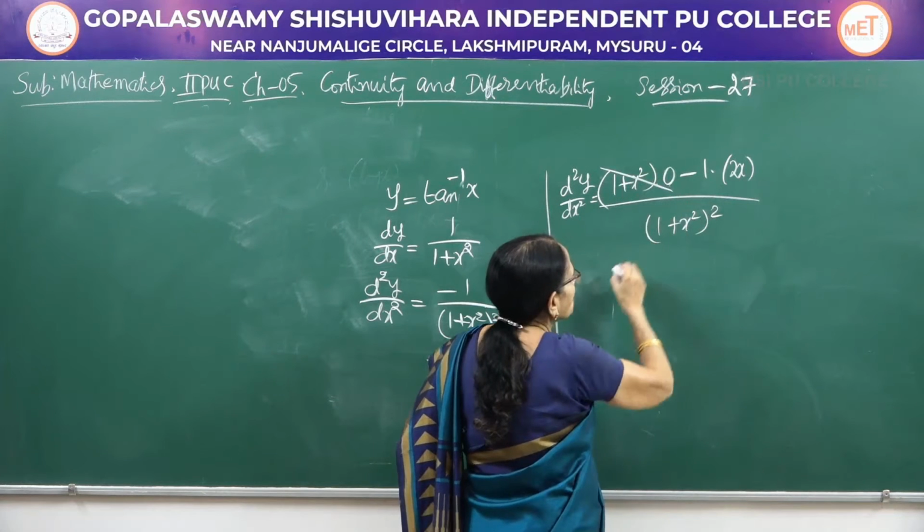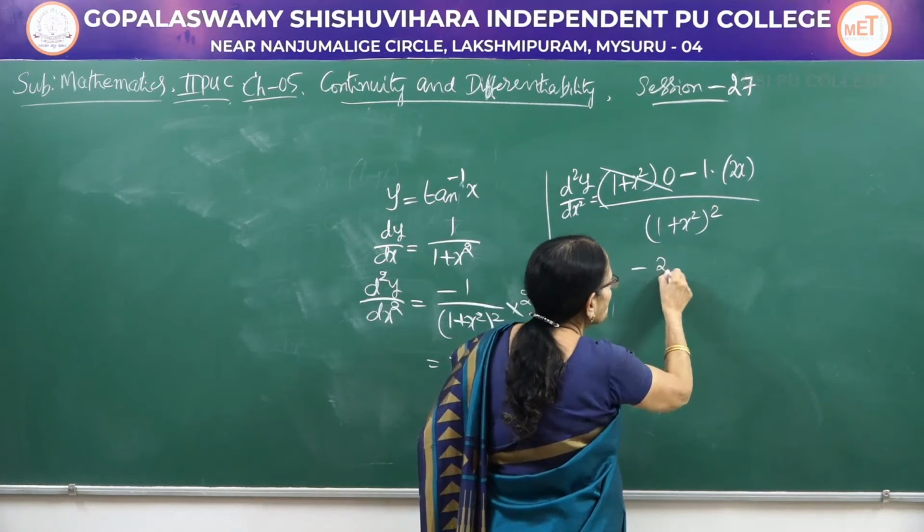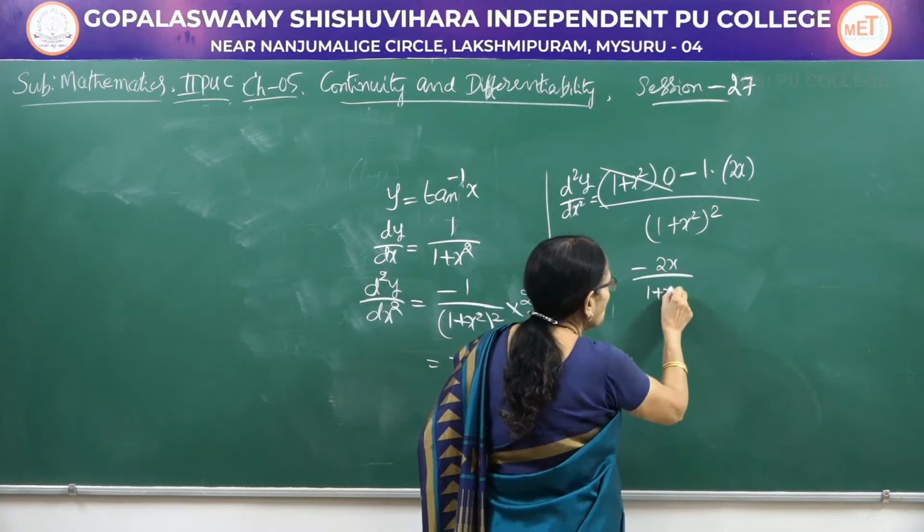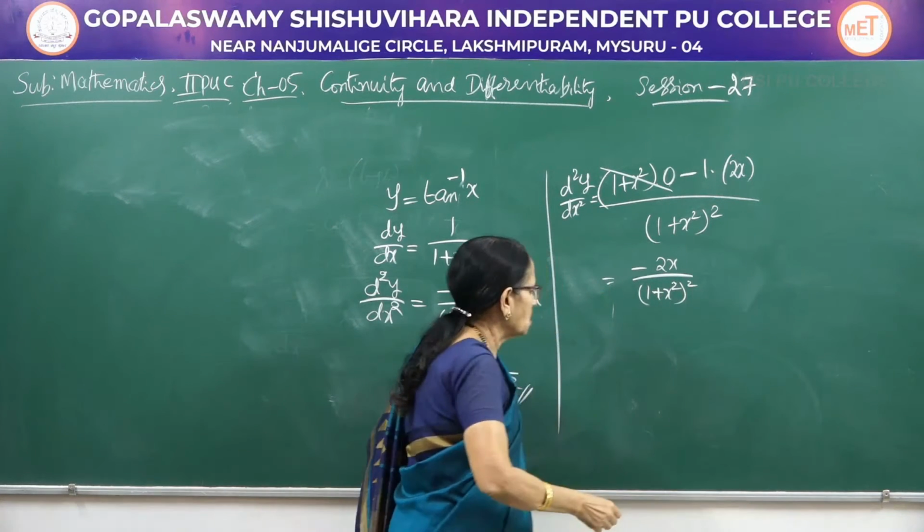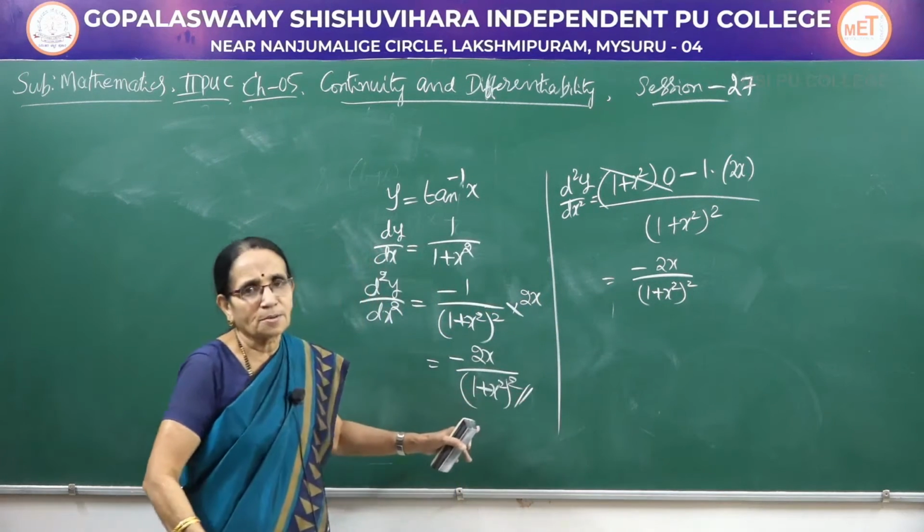So 0 into anything, that is 0. So it is minus 2x divided by 1 plus x square the whole square. You observe, we got the same answer here.